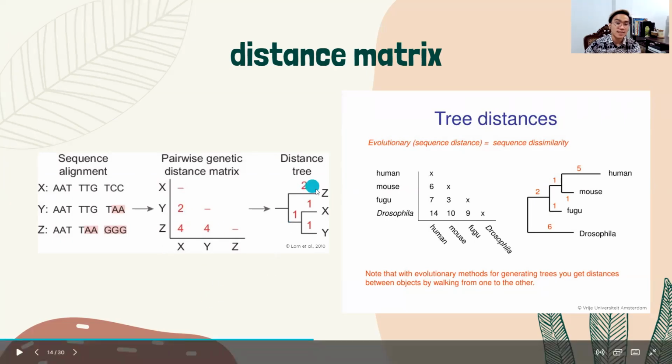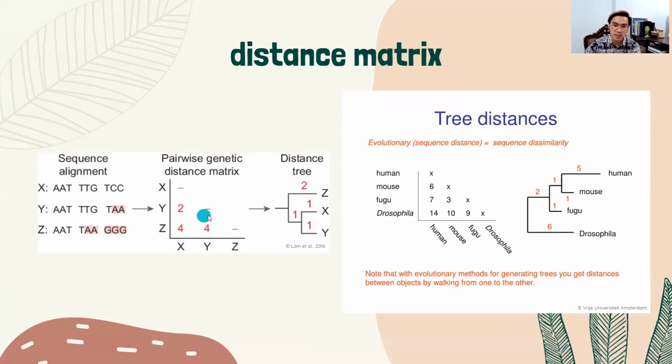Well, because the tree that we can make out of this matrix should be based on those distances, on those differences that were transformed into distance. Okay, so in this case, what you can deduce from this kind of matrix is that between X, Y, and Z, Z looks like the most different, or the farthest from the rest.